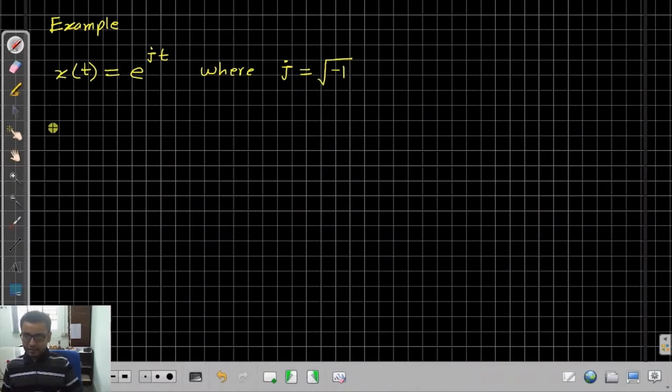Then I want to break it as a sum of an even part and an odd part.